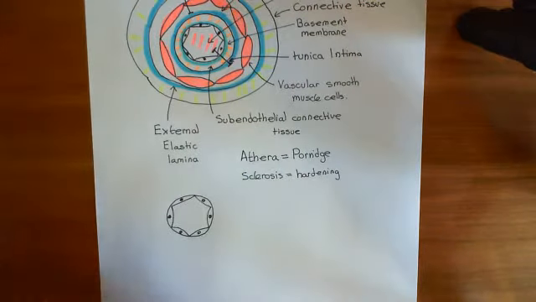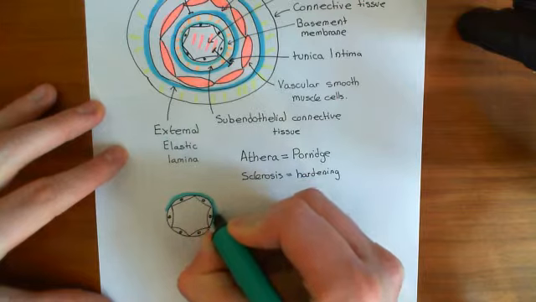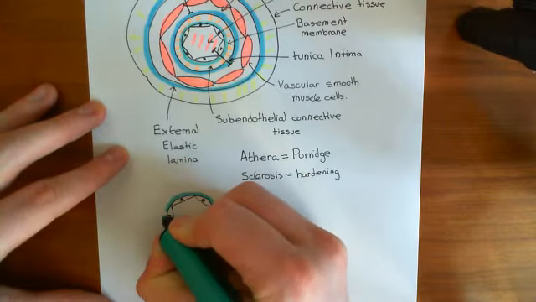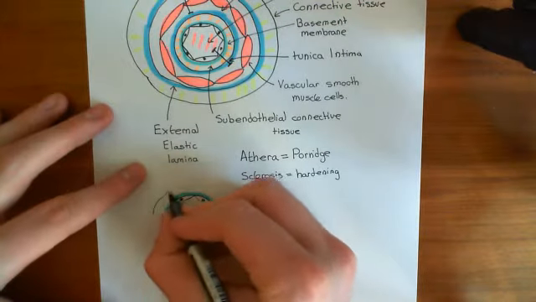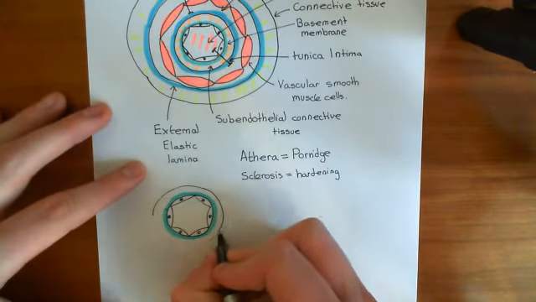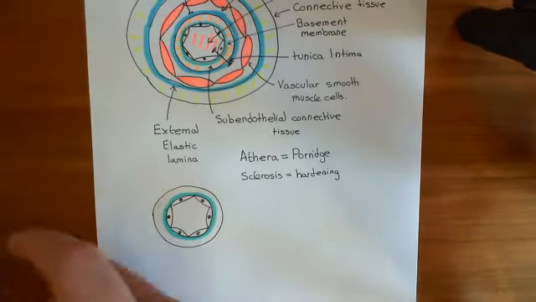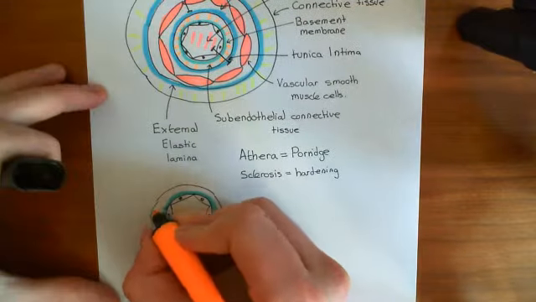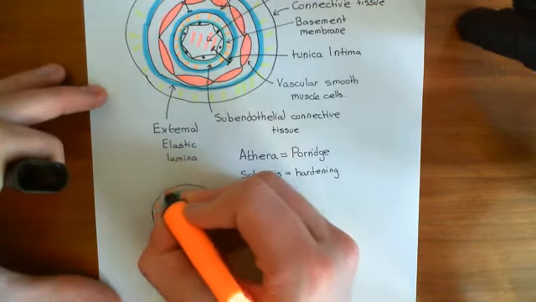And then they're sitting on this basement membrane, which I drew in turquoise. And then underneath that you then have the subendothelial connective tissue, which is this layer of collagen really. Okay, and that's in orange.